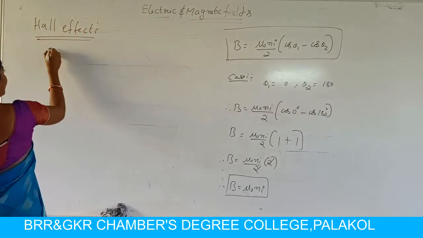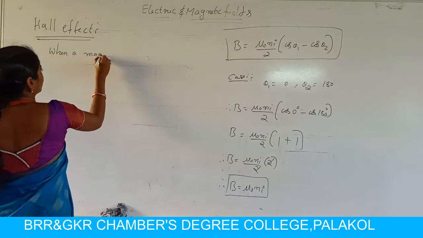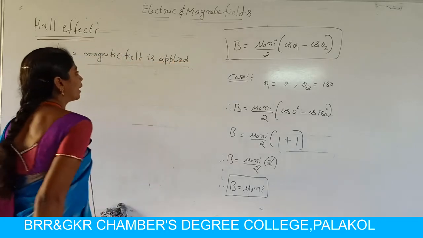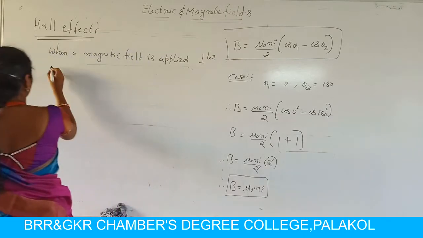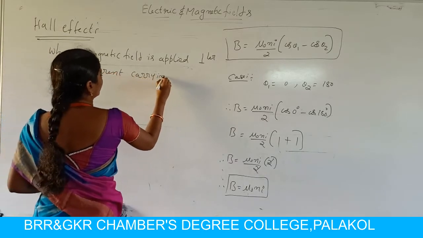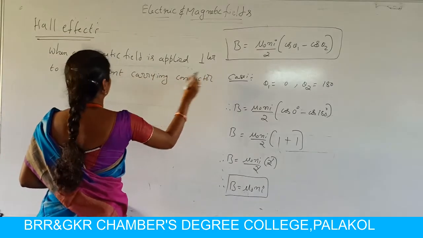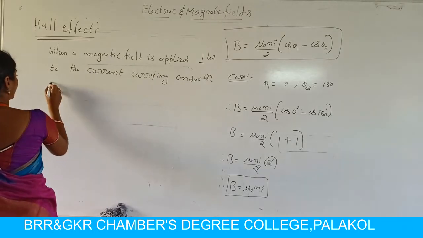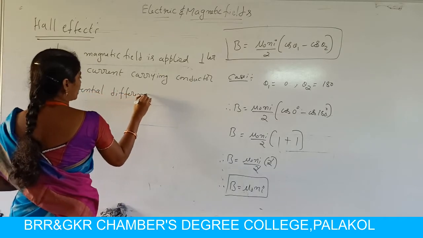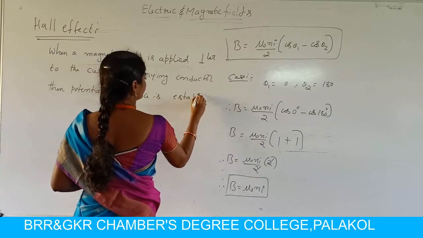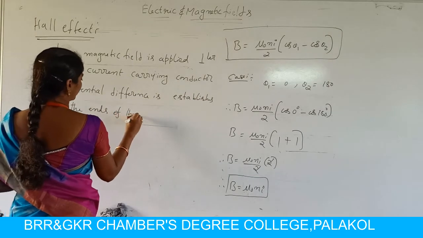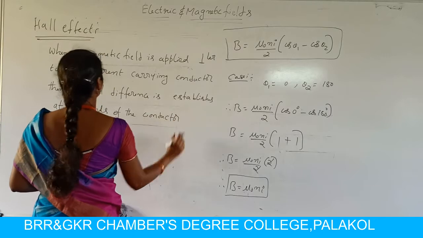When a magnetic field is applied perpendicular to the current carrying conductor, a potential difference is established at the ends of the conductor, which is simply said to be the Hall effect.